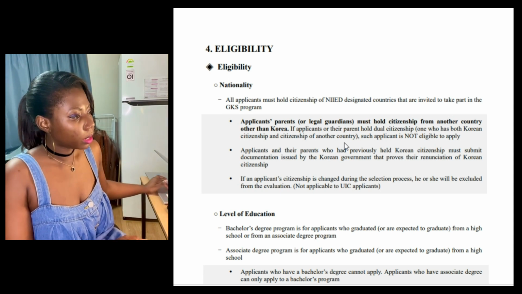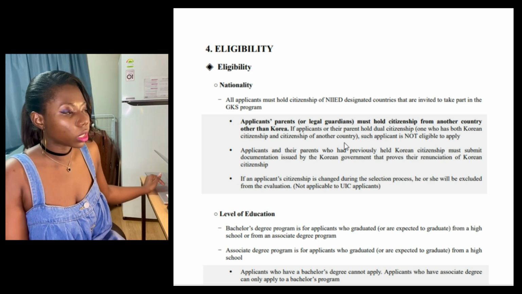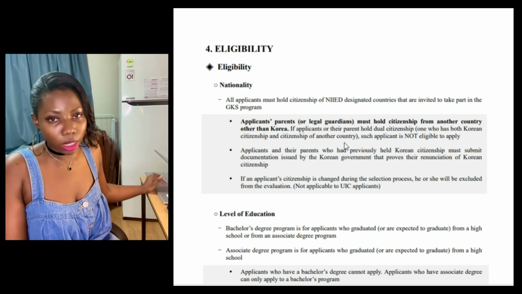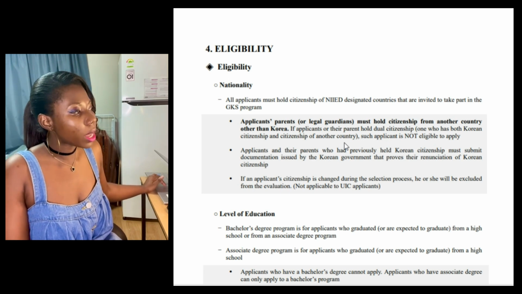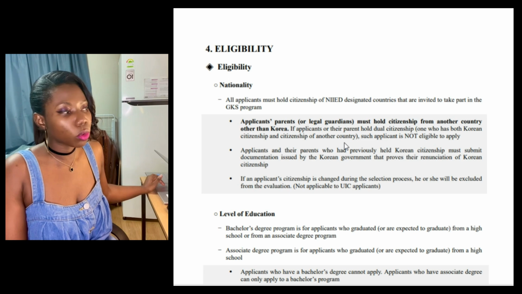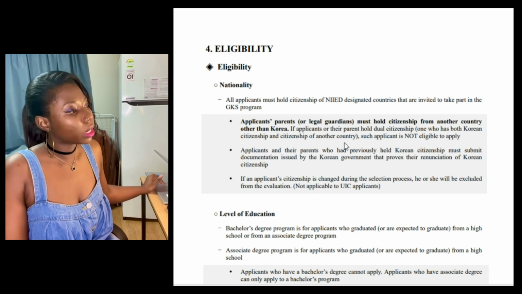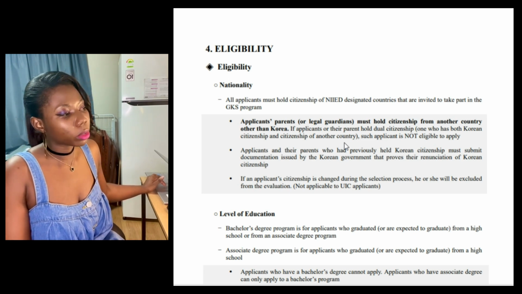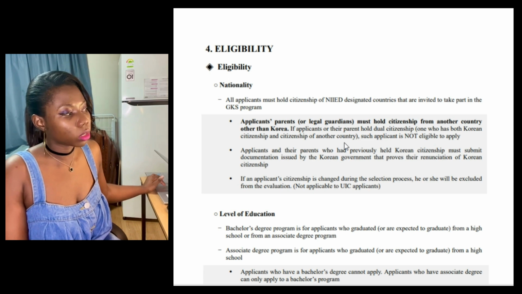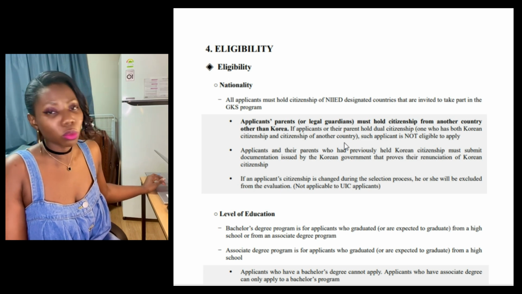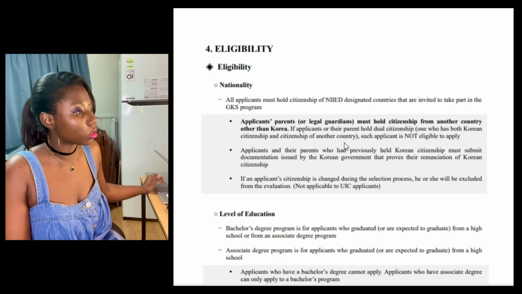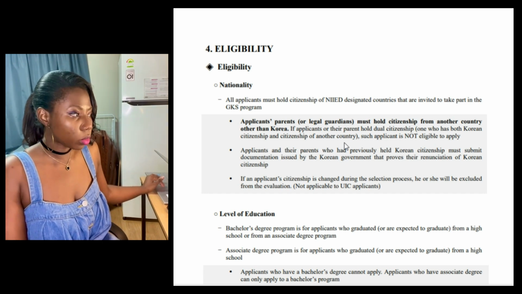All right, now for the level of education, bachelor's degree program is for applicants who graduated or are expected to graduate from a high school or from an associate degree program. Then associate degree program is for applicants who graduated or are expected to graduate from a high school. So it's your choice, either you go for the bachelor's degree or associate degree program.